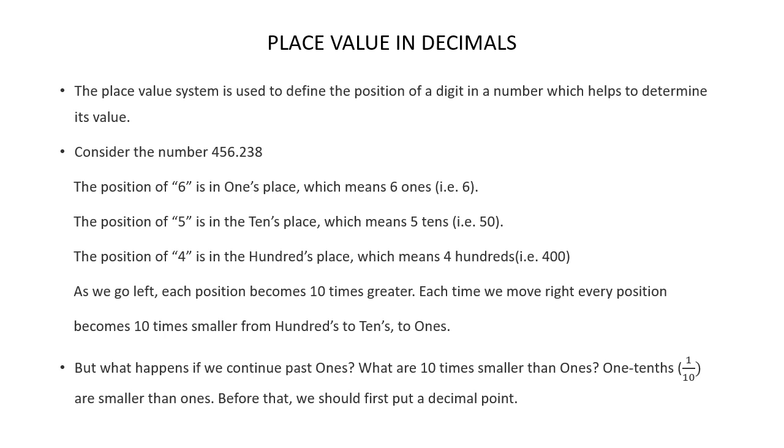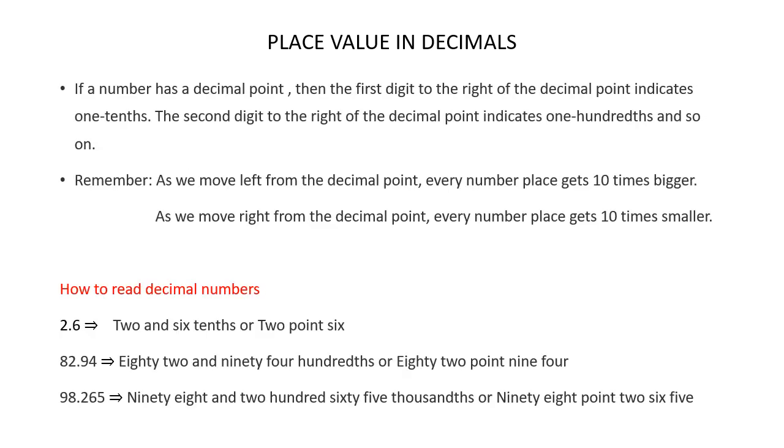Now what happens if we continue past the ones? What is 10 times smaller than ones? It is 1/10. But before that, we should put a decimal point first. If a number has a decimal point, then the first digit to the right of the decimal point indicates 1/10.